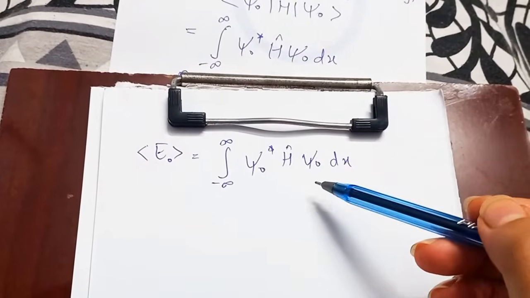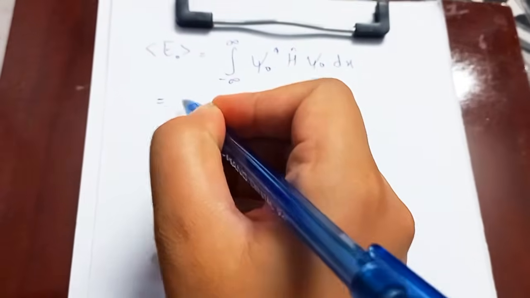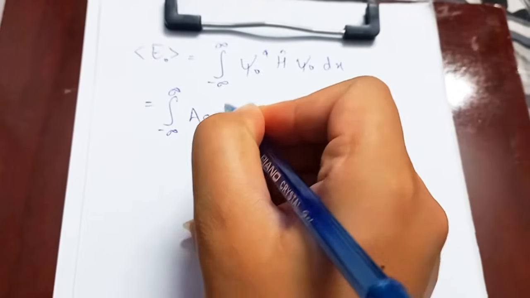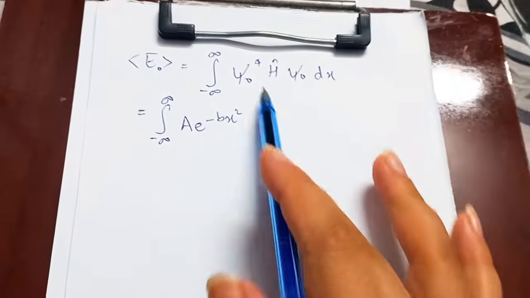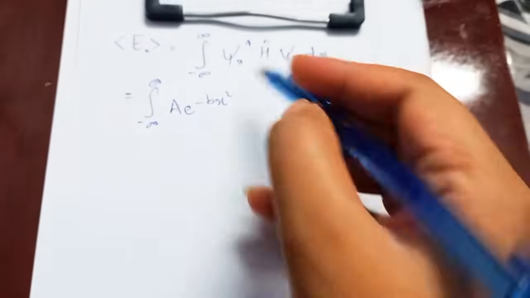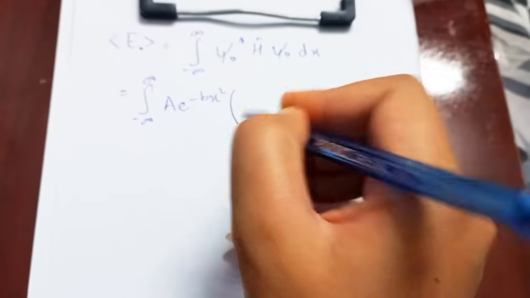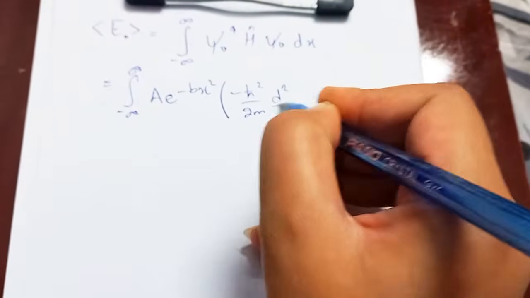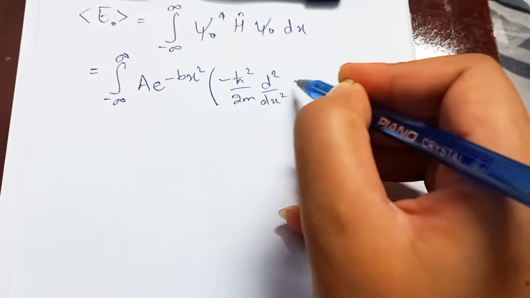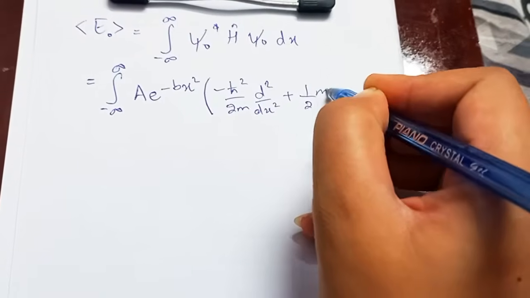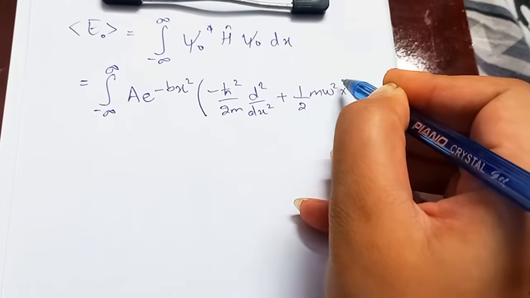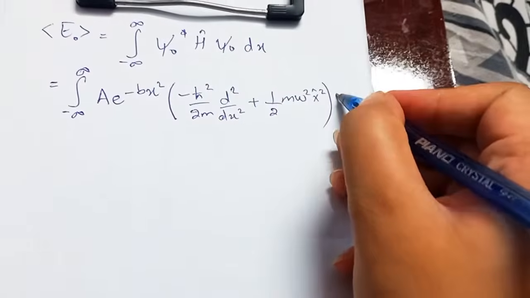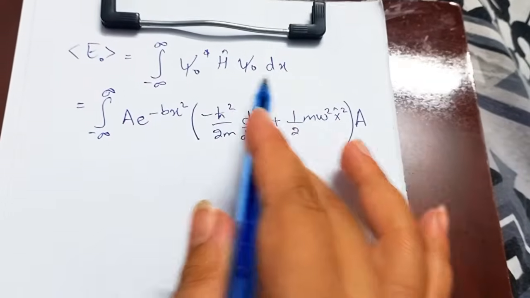We left at this point. Now let's put the values of the wave functions and the Hamiltonian here, and we have this for psi naught star, and in place of the Hamiltonian we'll put the value of the Hamiltonian that we know, plus 1/2 m omega square x square. Lastly we'll put the value of psi naught here. The order matters here.